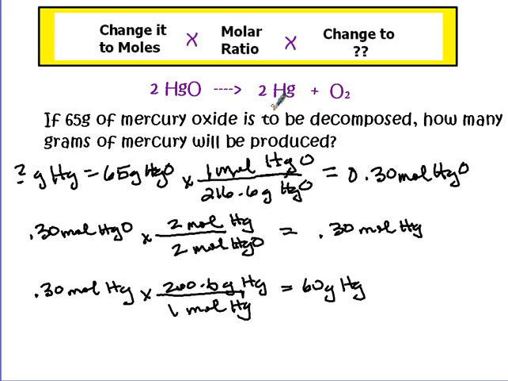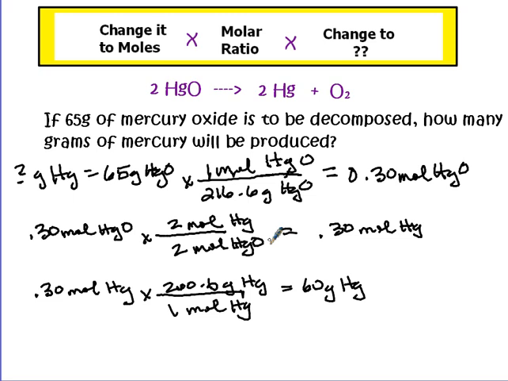I know that's a tendency that we might want to do, but don't do that, because this is the part right here where we're going to make the switch between the mercury and the mercury oxide. So just to keep everything in order, making sure you don't get lost in this process.